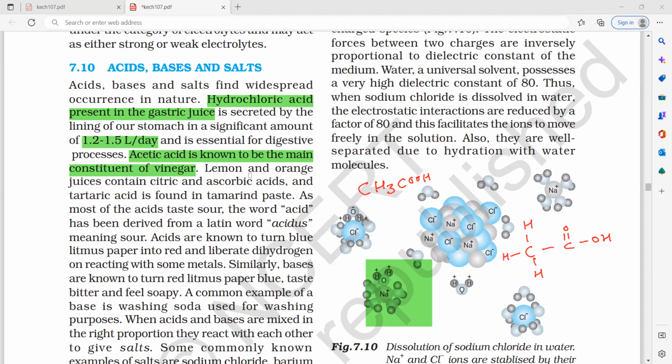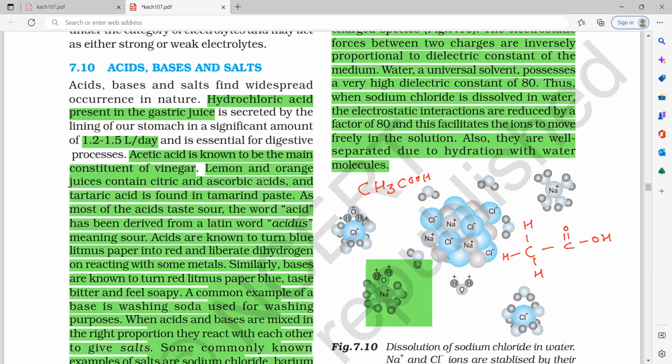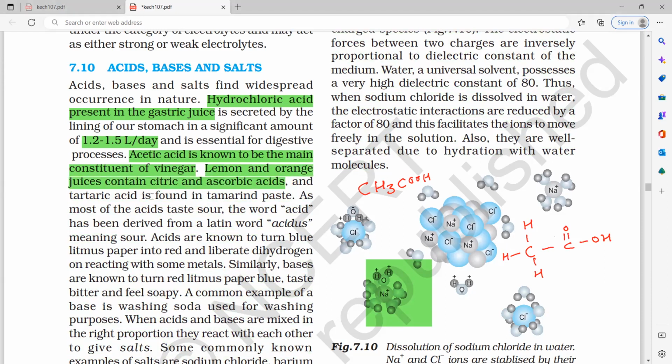Now lemon and orange juices contain citric and ascorbic acids, and tartaric acid is found in the tamarind paste. So these are the applications where we are using different kinds of acids.